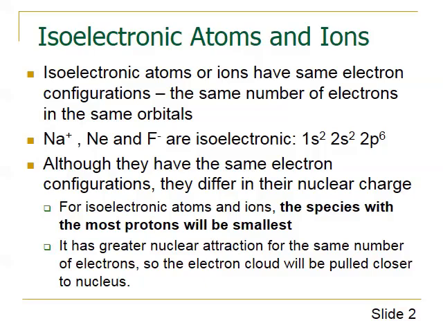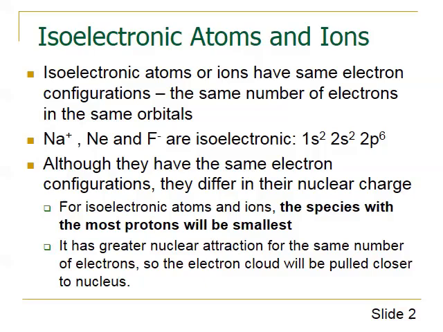So these three atoms and ions, sodium cation, neon atom, and fluoride anion, we'd say that they're isoelectronic because they have the same electron configurations. Now notice, although their electron clouds are identical, their nuclei are different. The sodium ion has 11 protons in the nucleus, neon has only 10, and fluoride has 9. So therefore they have different amounts of nuclear charge.